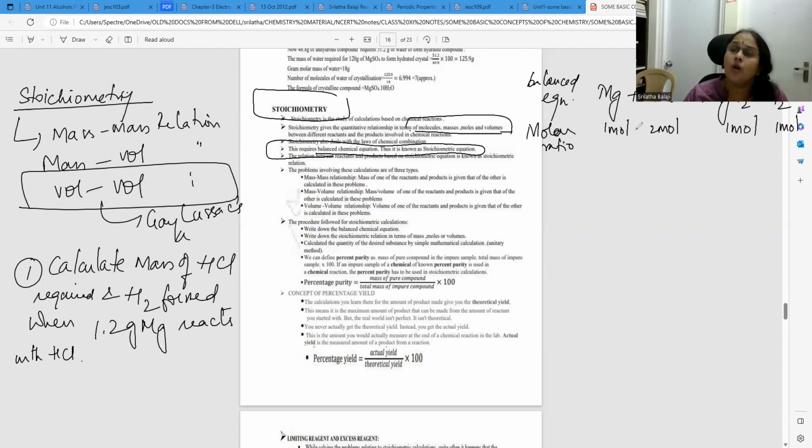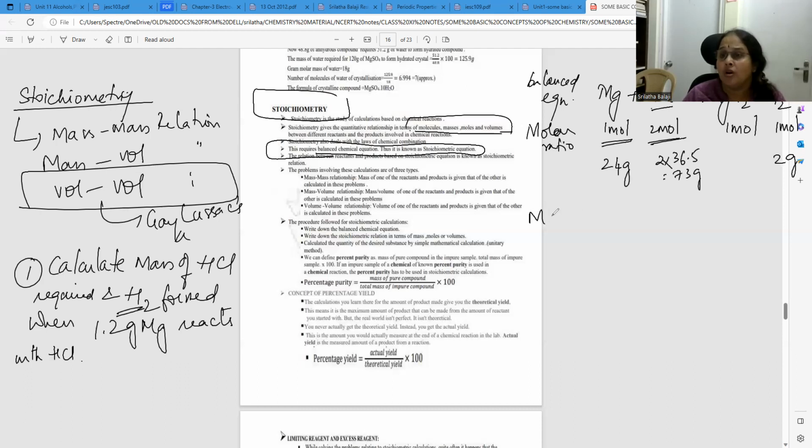Now convert 1 mole into mass. What is 1 mole of magnesium? It's 24 grams. And 2 moles of HCl is 2 into 36.5, that is 73 grams. In the question, MgCl2 is not asked, only hydrogen is asked, so hydrogen is 2 grams.